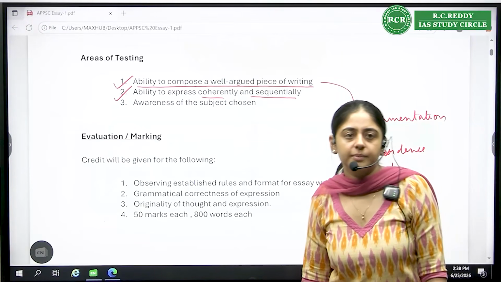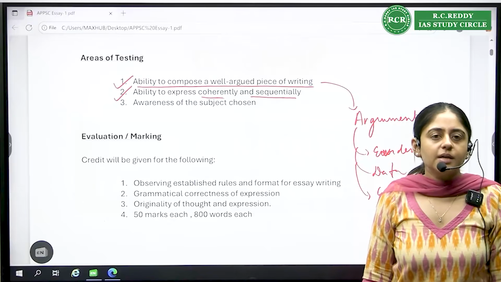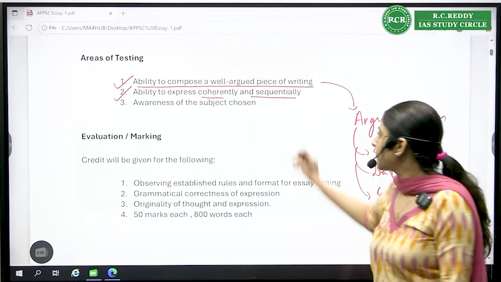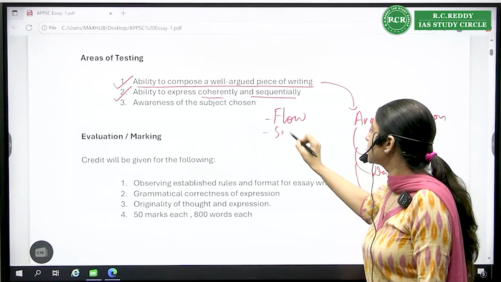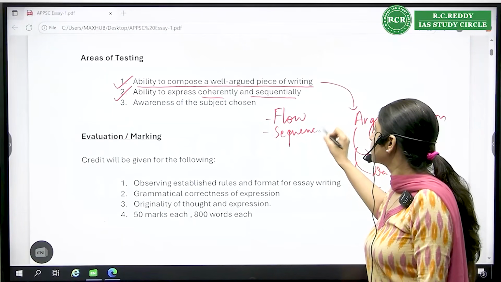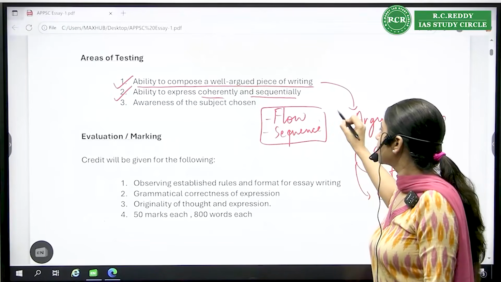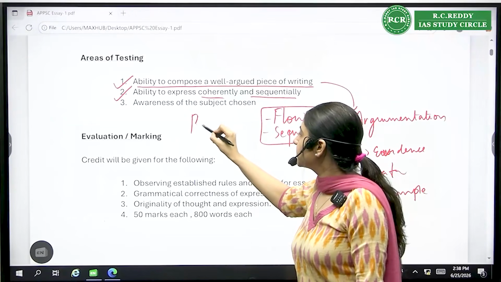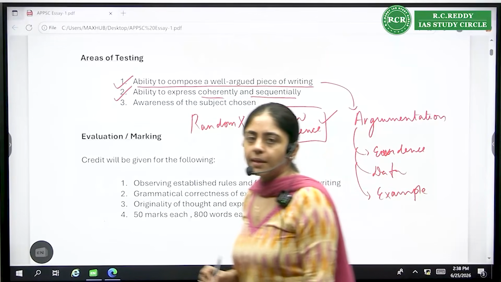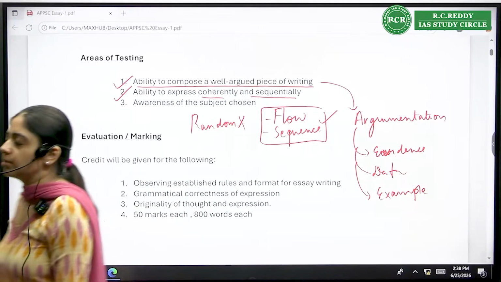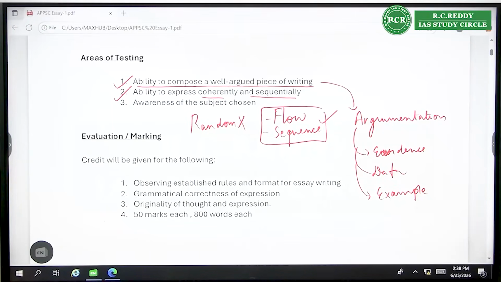Very important point. The ideas which you are writing should have proper flow, proper sequence. They should not be random in nature. If you have read editorials in a newspaper, there is a proper flow.